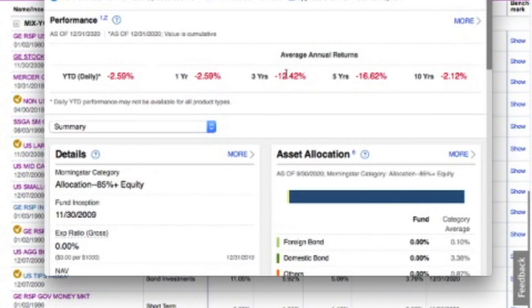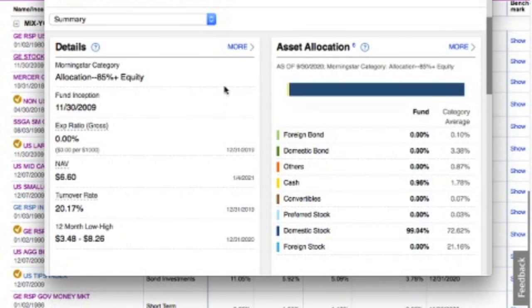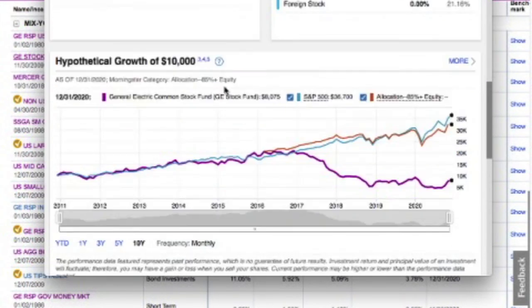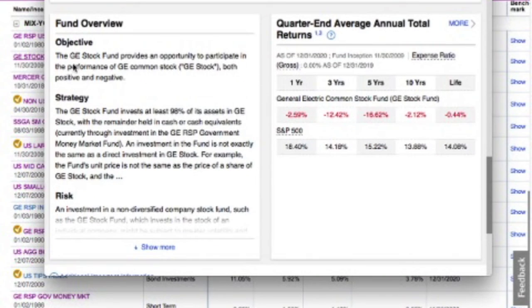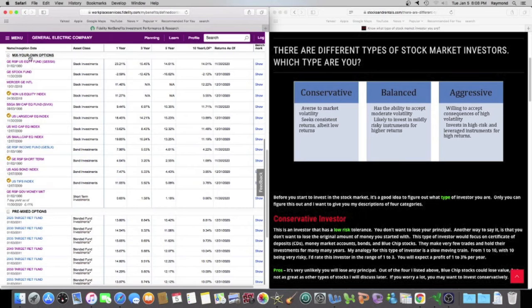And as you can see, this is a lot of red. You putting your money in one stock is not recommended. But let's scroll down, and I'm going to highlight this. This fund is nothing but GE common stock. So just like I said, you wouldn't want to put all your money in a money market account because you wouldn't make too much interest on your rate of return because it's so low.